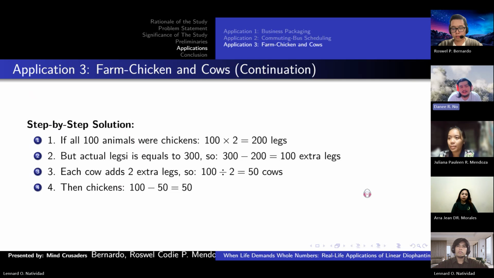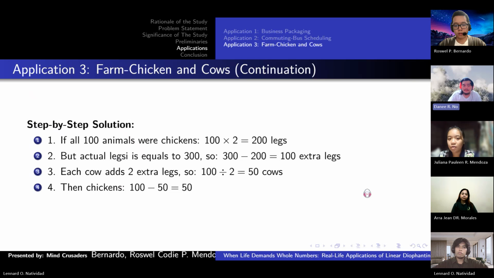So where do these extra legs come from? It's from the cows. Every time we replace a chicken with a cow, we gain two extra legs because a cow has two more legs than a chicken. So to get from 200 legs to 300 legs, we need 100 extra legs. If each cow provides two extra legs, we simply divide 100 by 2, which gives us 50 cows.